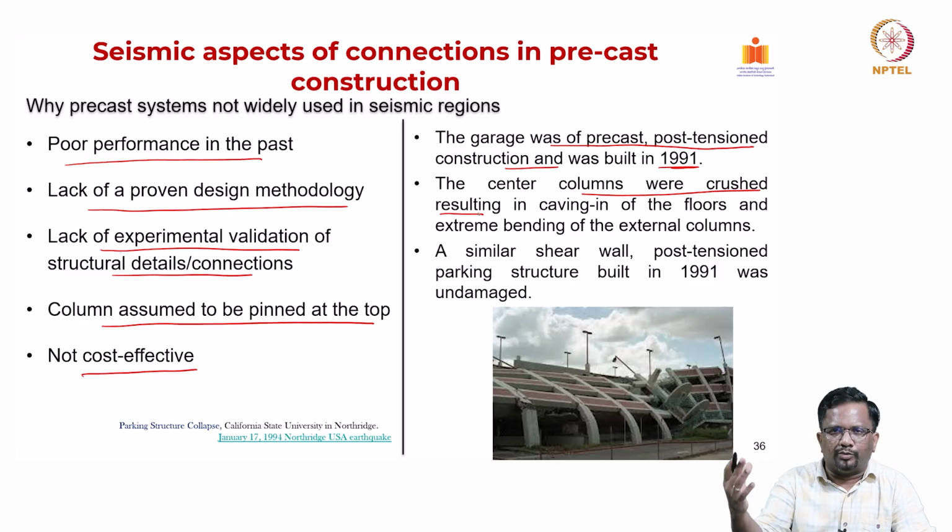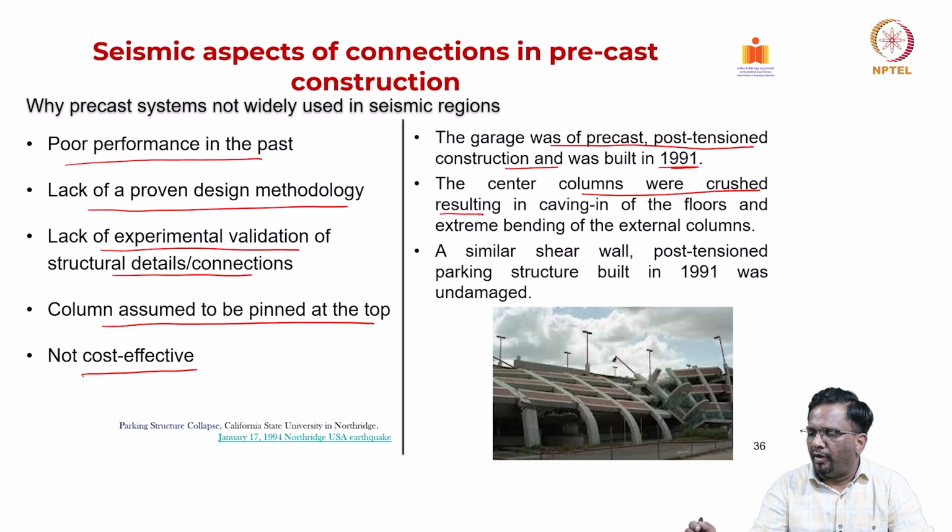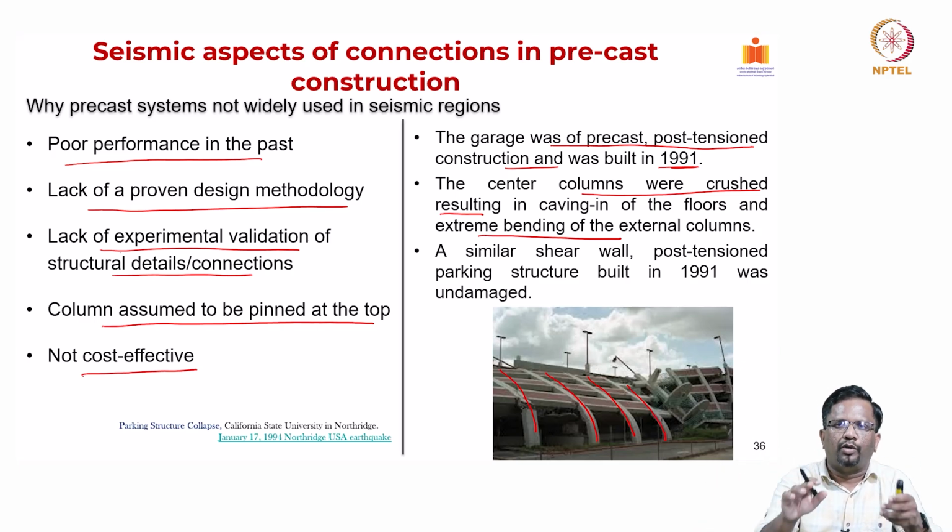Because the center columns crushed, it took all the perimeter elements into extreme bending of the external columns that you can see here. So this is the reason why: if the central element is crushed and has fallen off, then it is going to basically pull all the perimeter frames towards it, right? So that is the kind of failure that happened.